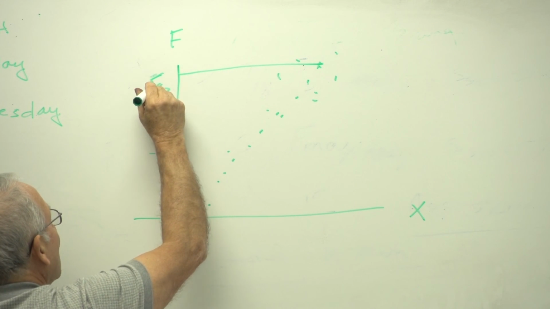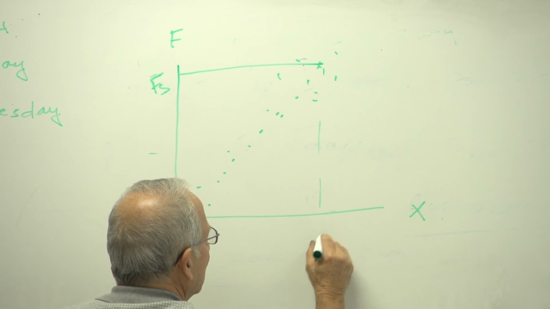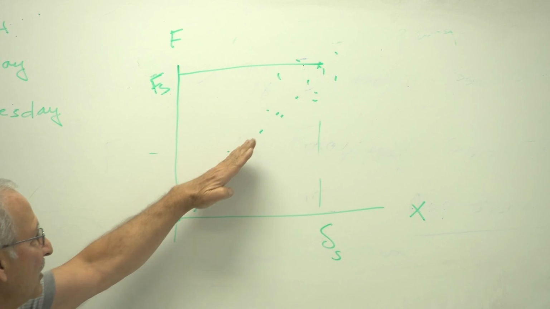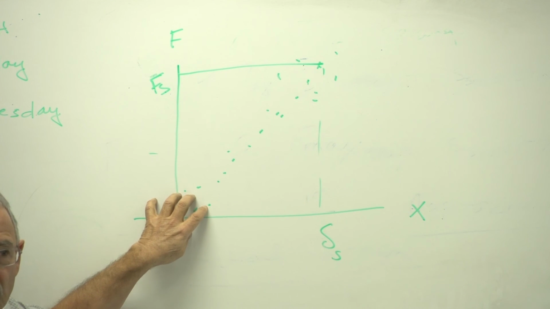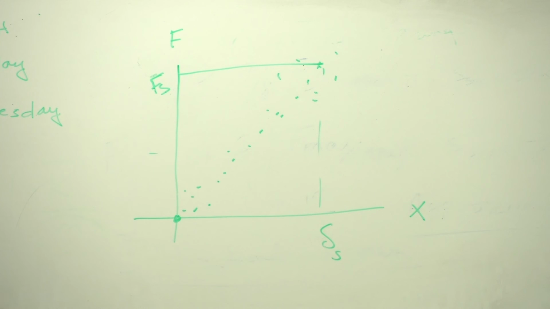Oh, sorry, solid force, which gives you the solid height. So this would be delta at solid length. They are nice and linear here in the middle. Not very good when the loads are very small. Not very good when the loads are near the solid length of the spring.